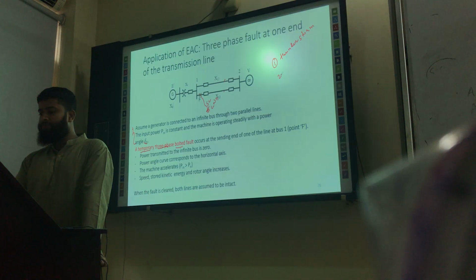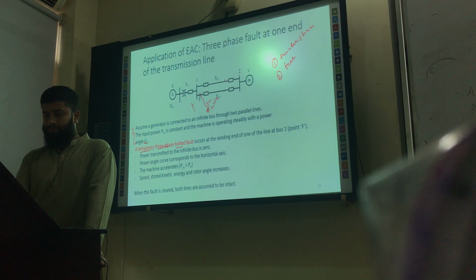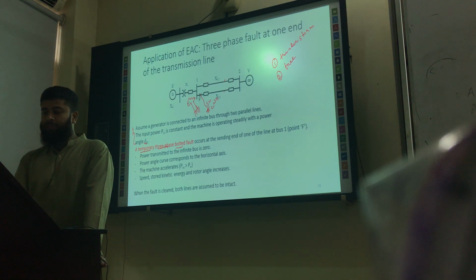The second example can be, let's say, a tree near this transmission line. Let's say there is a heavy storm outside, so the environment is experiencing heavy wind. Due to that heavy wind, this tree is swinging right and left continuously.